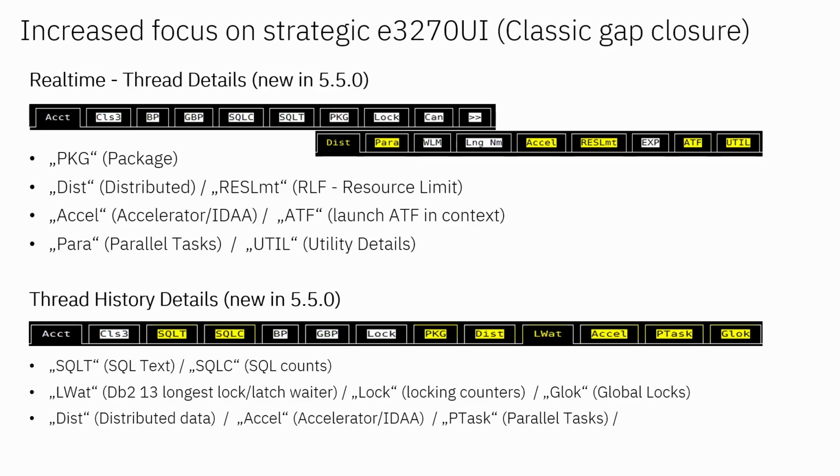OMEGAMON Db2 PE 5.5 only monitors Db2 13. If you're on 5.4 of OMEGAMON Db2, you won't be able to monitor your Db2 13 from that agent version. So please do upgrade if you're looking to move to Db2 13, if not already.